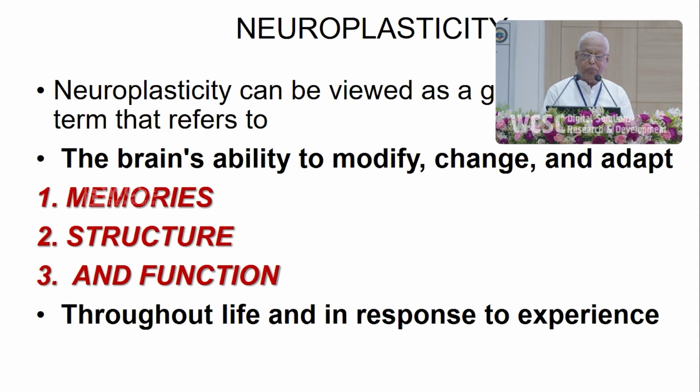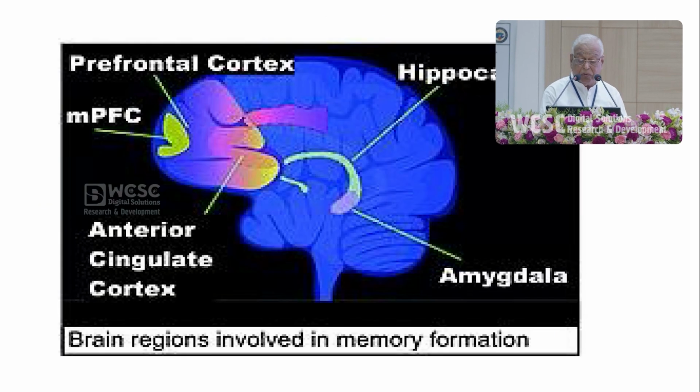In neuroplasticity, when a nerve is constantly stimulated, that produces memories in the brain. When it is still pursued, it produces structural changes in the brain, and functionally that results in a functional area of that brain.